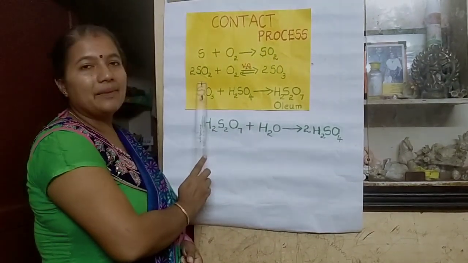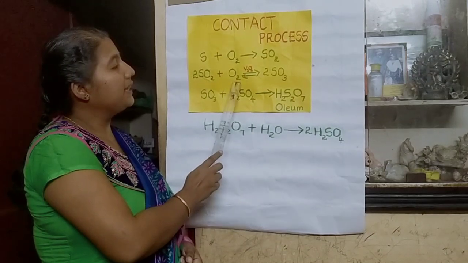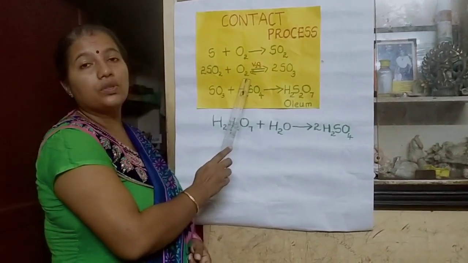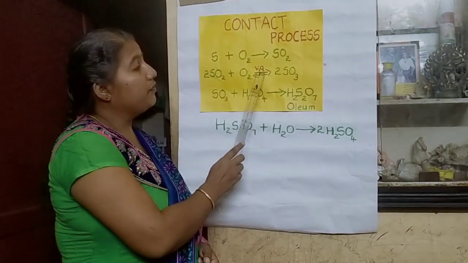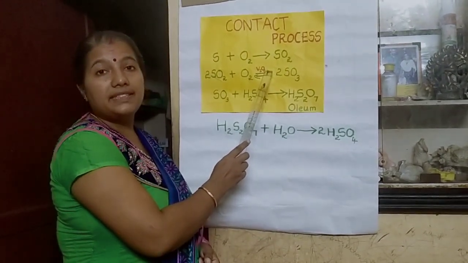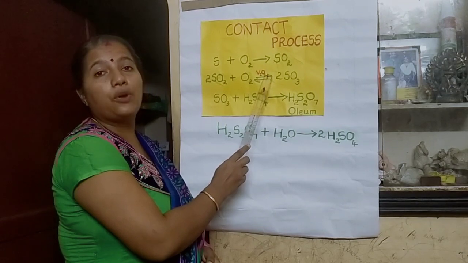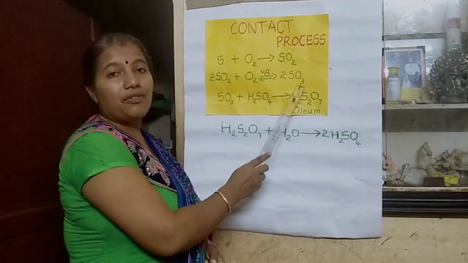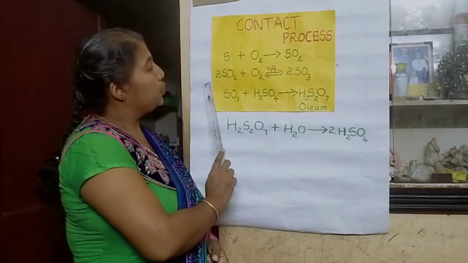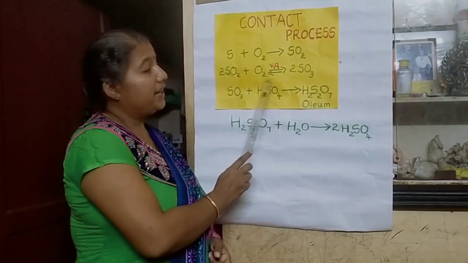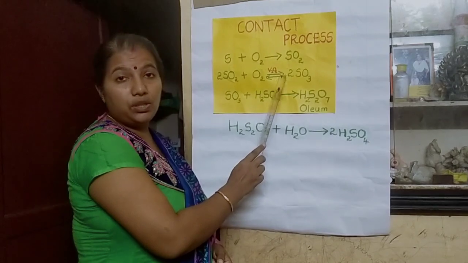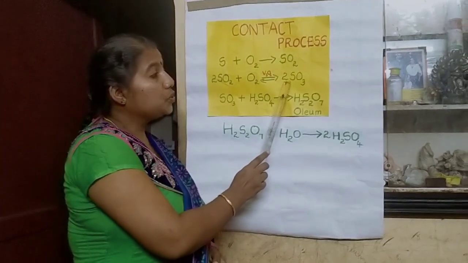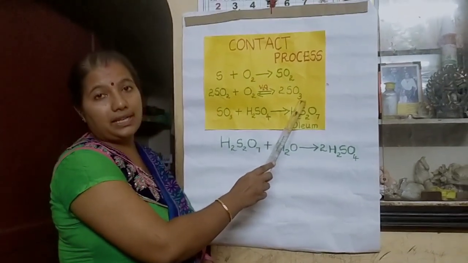In the second step, sulfur dioxide reacts with oxygen, the oxidation of sulfur dioxide in the presence of the catalyst vanadium pentoxide, V2O5, to form sulfur trioxide. 2 moles of SO2 react with 1 mole of O2 in the presence of V2O5. We get 2 moles of sulfur trioxide.